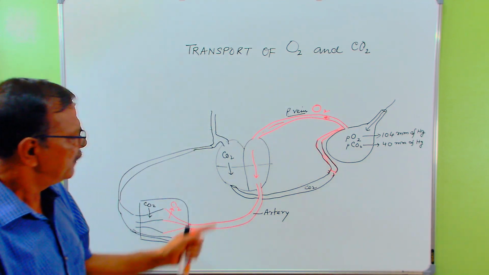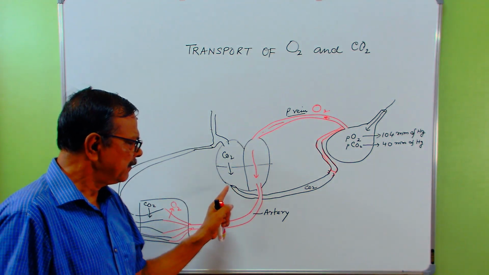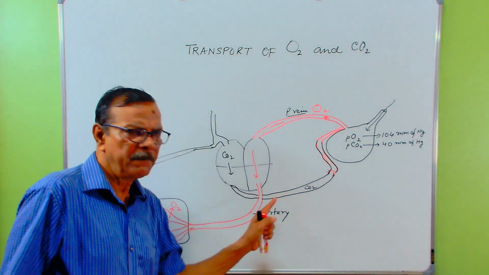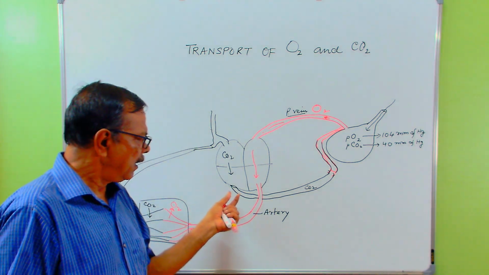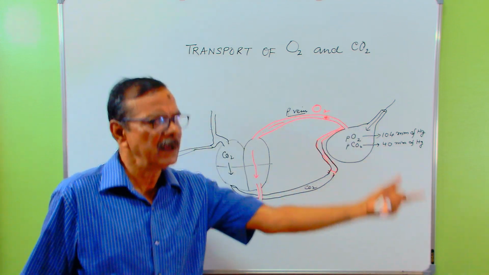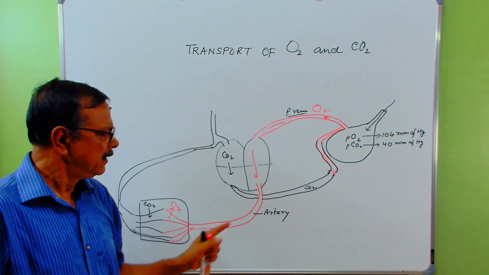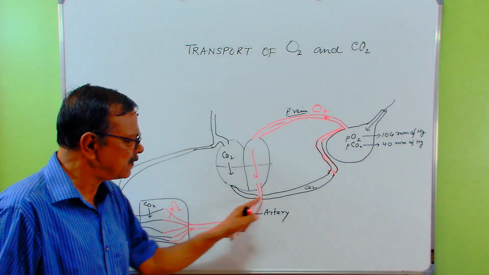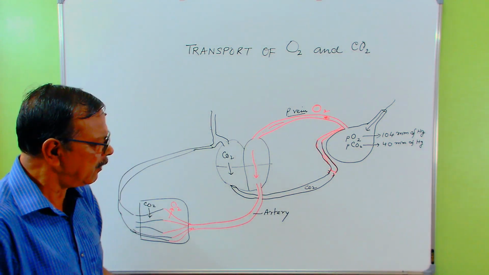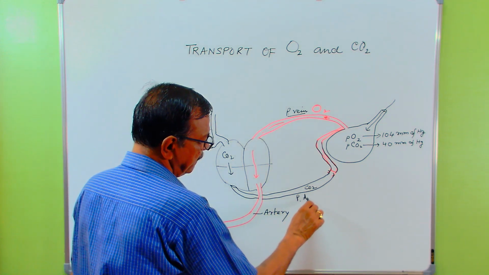We all know that whatever pipes are going from the heart to the distal parts are known as artery. So this is an artery, this is also an artery. So this will be called as pulmonary artery.